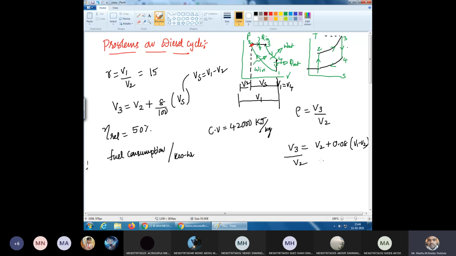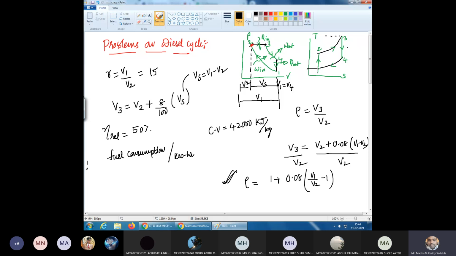If you divide the whole equation by V2, I get V3 by V2, which is rho, equal to V2 by V2, which is 1, plus 0.08 into V1 by V2 minus 1. Is this step clear? Please, anyone, reply. Yes, sir.